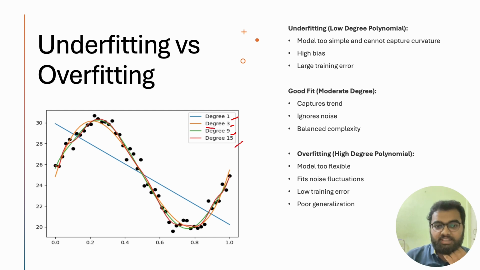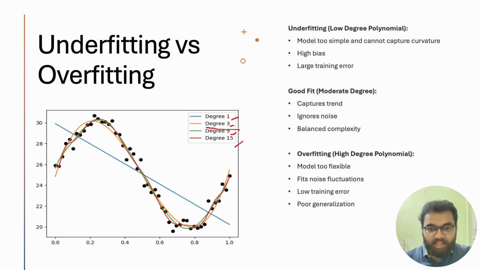So for degree 3, as we can see, the polynomial has tried to capture it clearly, but it has not captured everything. And degree 9 does capture some things clearly, but as we can see, all degree 3 to degree 15, they all form the same shape, so they are capturing the trend or the curvature that is present inside our data set.